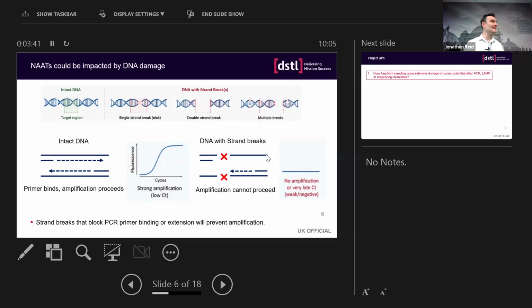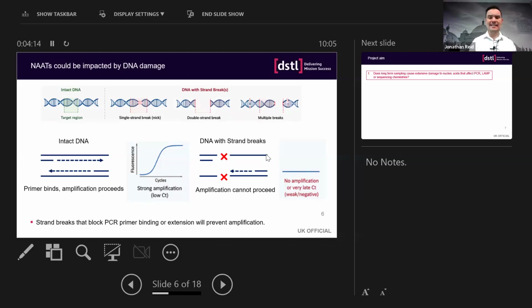If the DNA at that target region is intact, those primers and probe will bind to that DNA, and with the use of a DNA polymerase enzyme, will extend that DNA. Then with cycles of denaturation and annealing, you see an exponential, sigmoidal increase in the fluorescence, which you can use as a measure of the amount of target that is there.